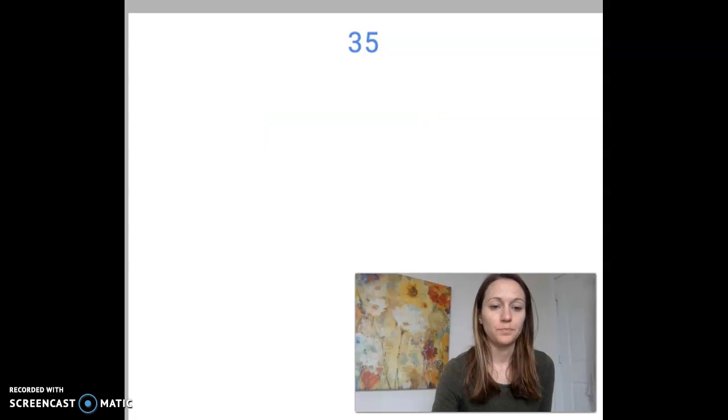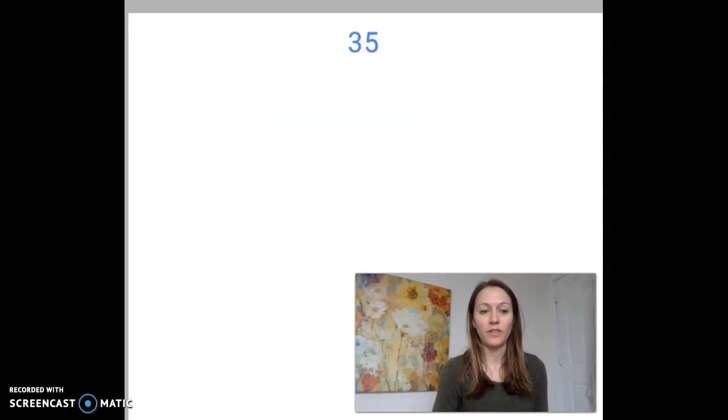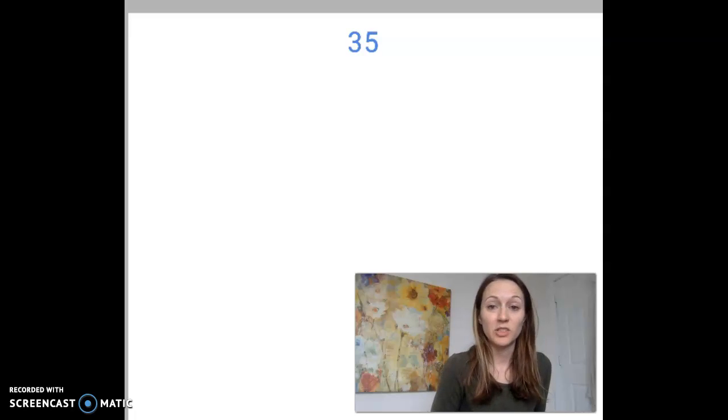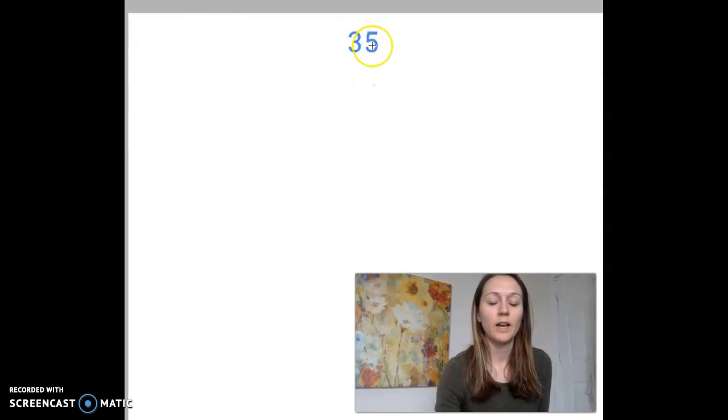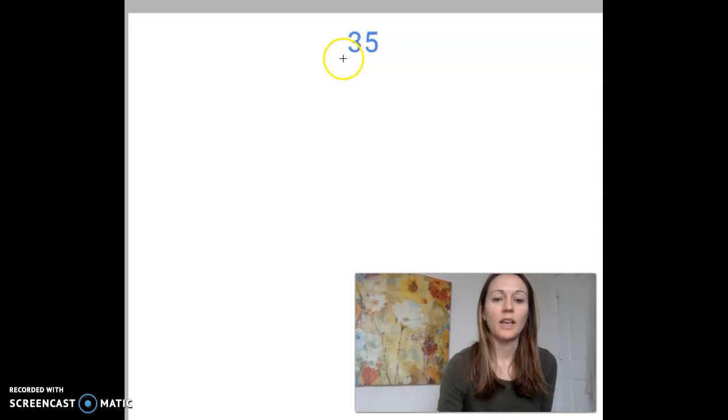So, if my number is 35, how many 10s am I going to have? If my number is 35, how many 1s am I going to have? So if we look at the number 35, I can see that it has 3 10s and 5 1s.